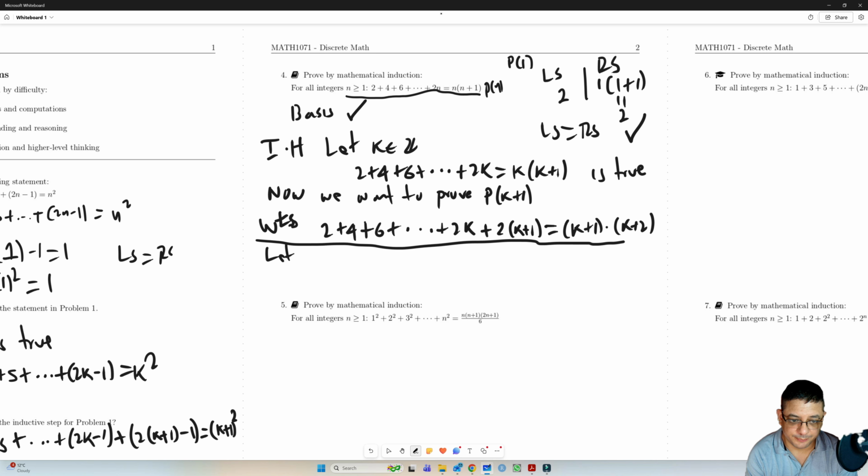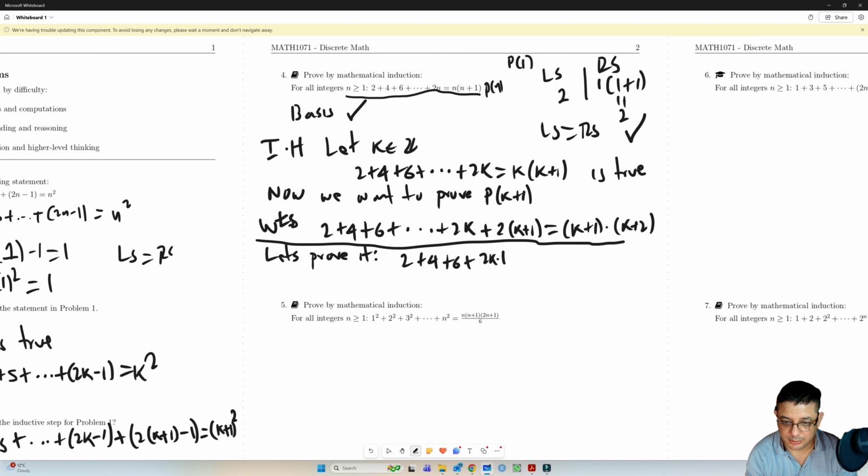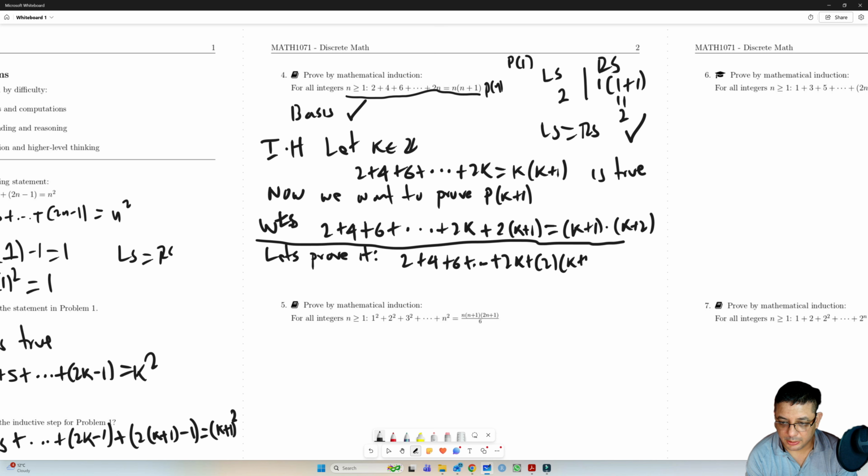So let's prove it. We start with 2 plus 4 plus 6 plus up to 2k, plus 2(k plus 1). Notice that up to here this is P of k, so it is equivalent to P of k plus 2(k plus 1).